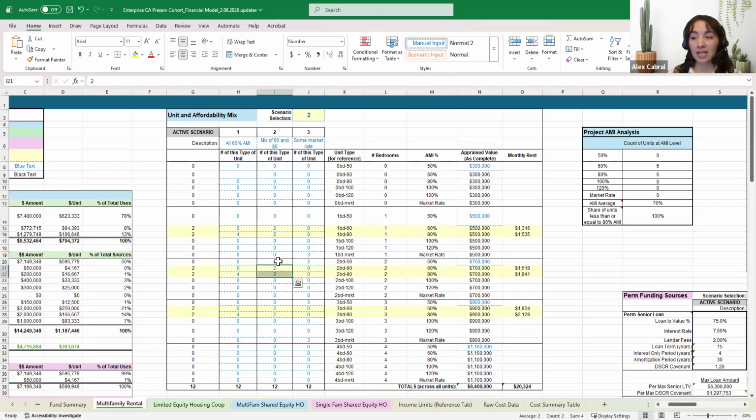So this makes it easy to switch between number of bedrooms and affordability levels without having to do too much extra legwork. And if you don't have anything filled in scenario two or scenario three, it will automatically revert to what is in scenario one.